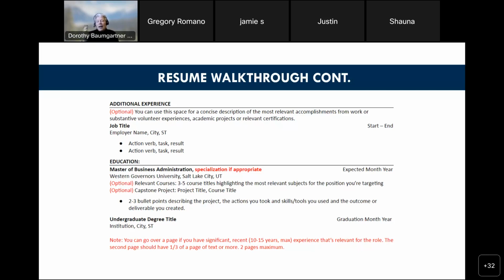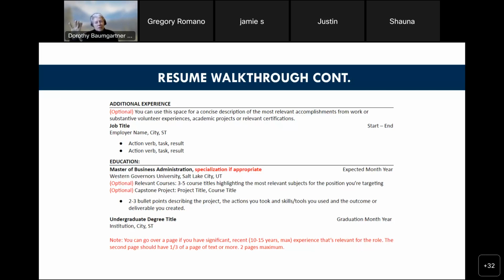So if you were a nurse manager in several different organizations and the roles were essentially the same, one way you can save space, instead of just repeating, here's your job, here were your accomplishment statements, here's your job, here were your accomplishment statements, and the accomplishment statements are generally the same, you could do one where you said nurse manager and list the organizations and the dates, and then do one set of bullets for all of those.